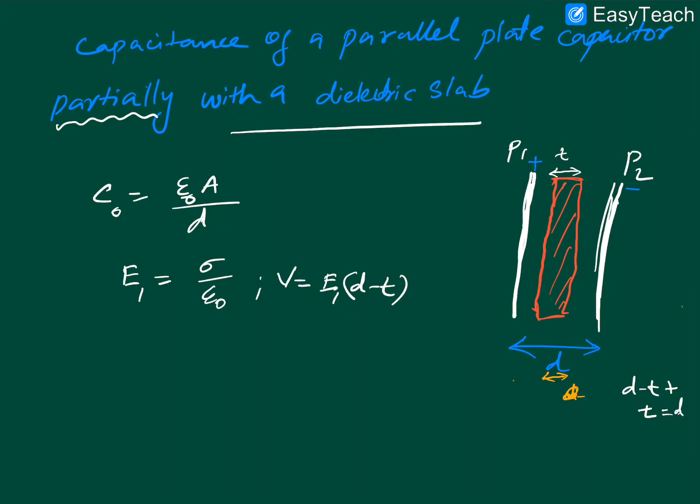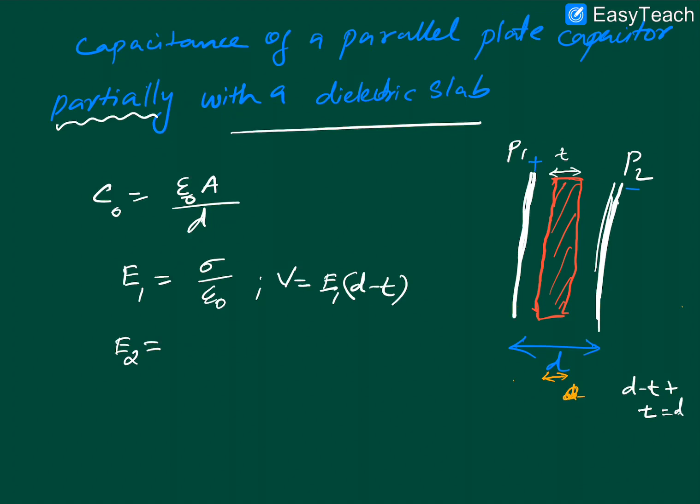Okay, in the region where the slab is placed, there will be an electric field. Let it be E2. And you know that when you place a dielectric material, the electric field will get reduced because there will be an opposite electric field in the dielectric material, not equal, and due to this the net field will reduce, isn't it, which we discussed in the previous lecture.